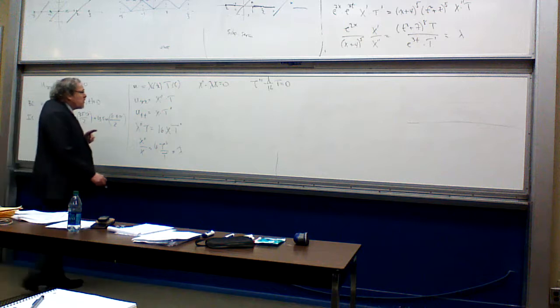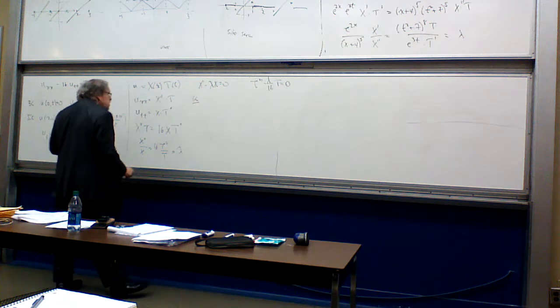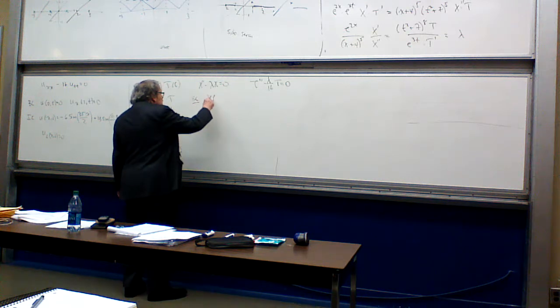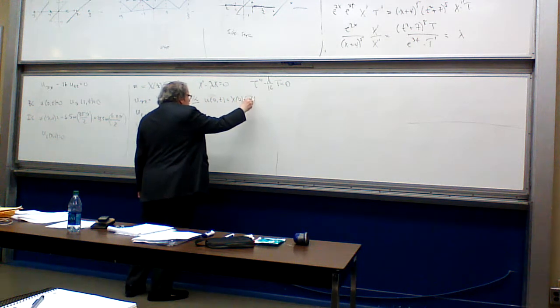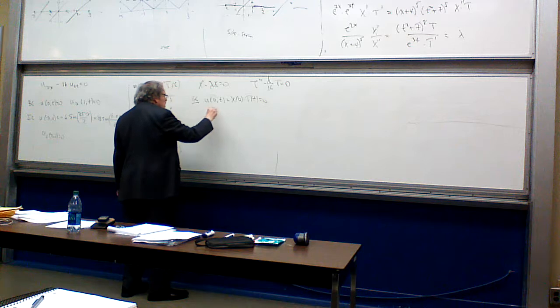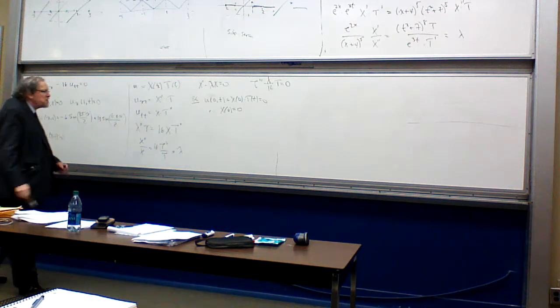And now for the boundary conditions. The boundary conditions apply to X. U of 0 and t is X of 0 times T equals 0. That gives me that X of 0 should be 0 for a non-zero solution.